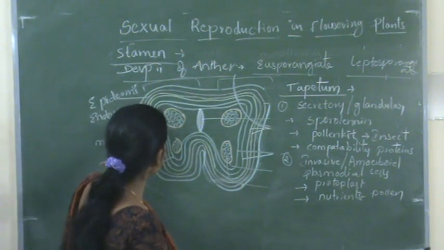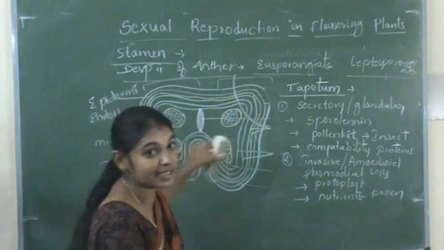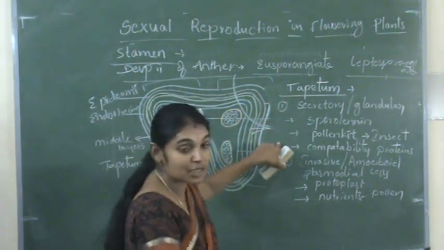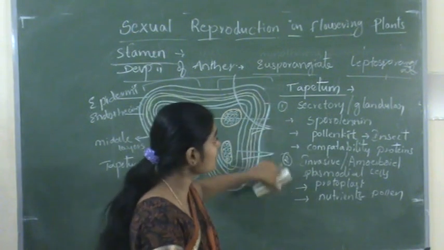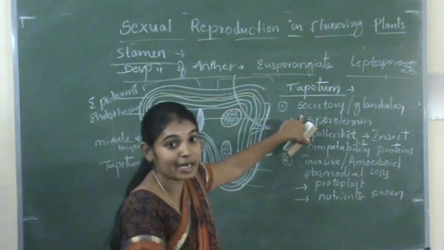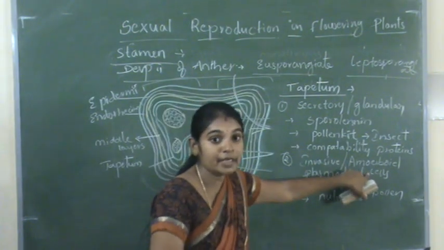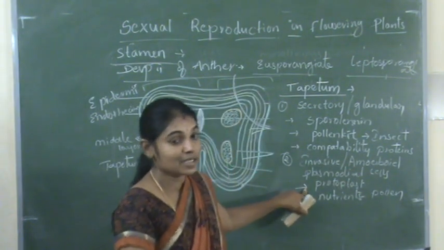So these are the 4 different layers, and they differ in function. And the tapetum is again of 2 types of cells, secretory or glandular, and invasive or amoeboid or plasmodial cells.